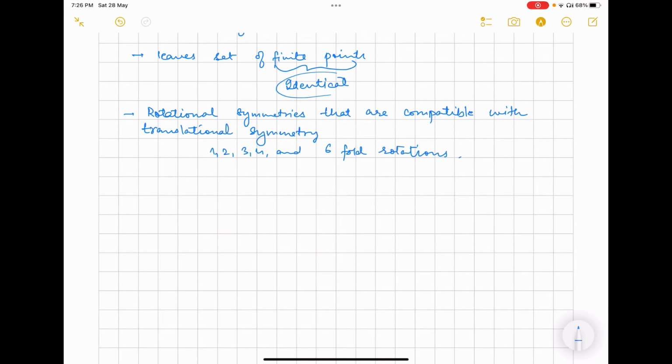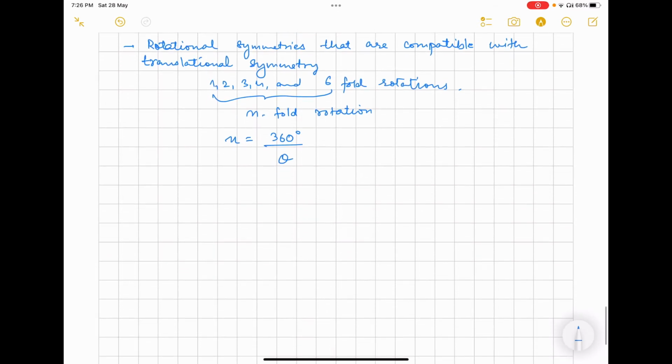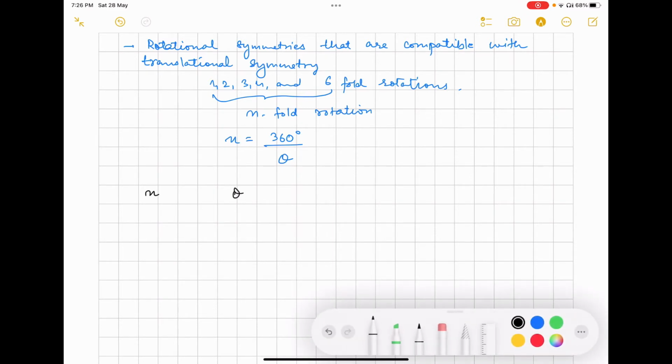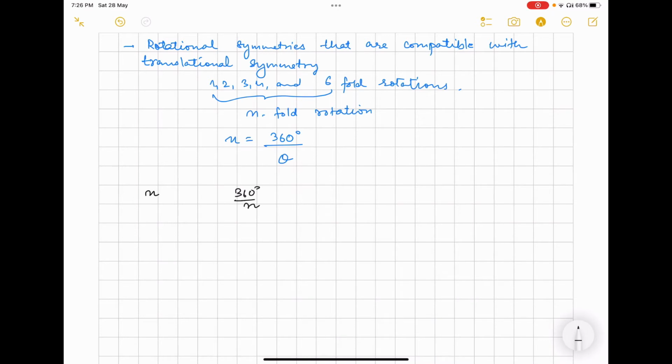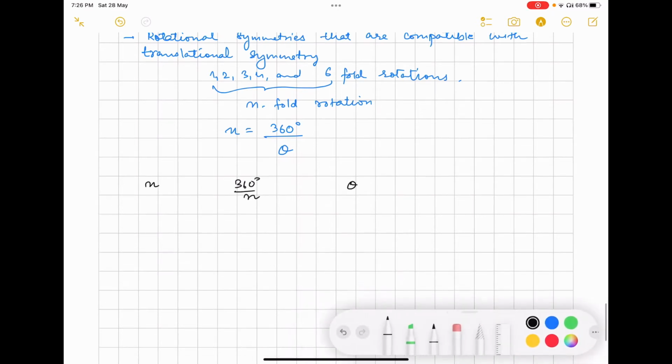So, what does this mean? If in general we say n-fold rotation, then n is equal to 360 degree by theta. So theta is 360 by n and then we get a final value of theta.